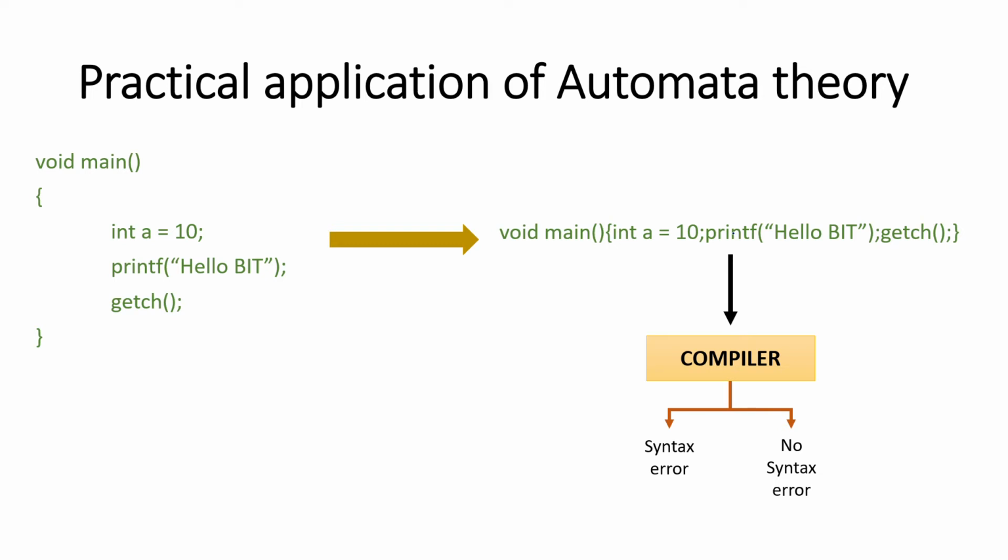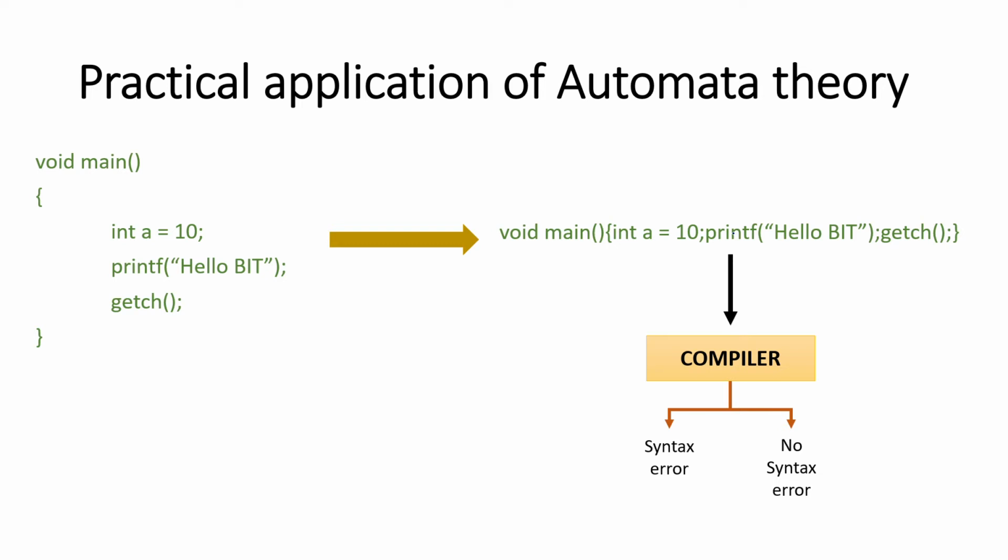The first job of the compiler is to realize whether the program you have written is syntactically correct or not. If it is syntactically wrong, then it throws the error. If it is syntactically correct, then it proceeds with the other steps that are defined within the compiler. Now, what is a compiler?